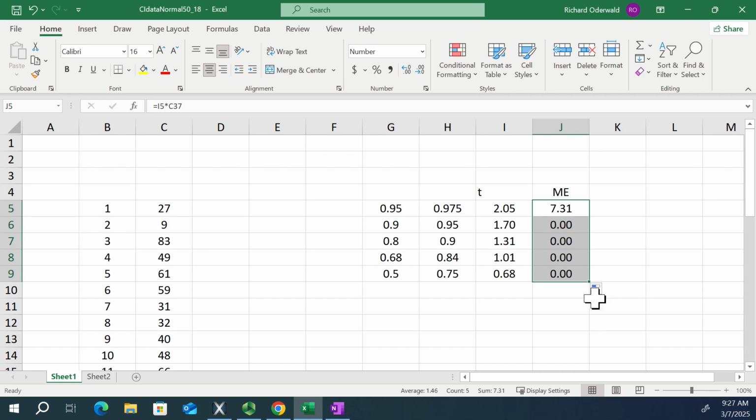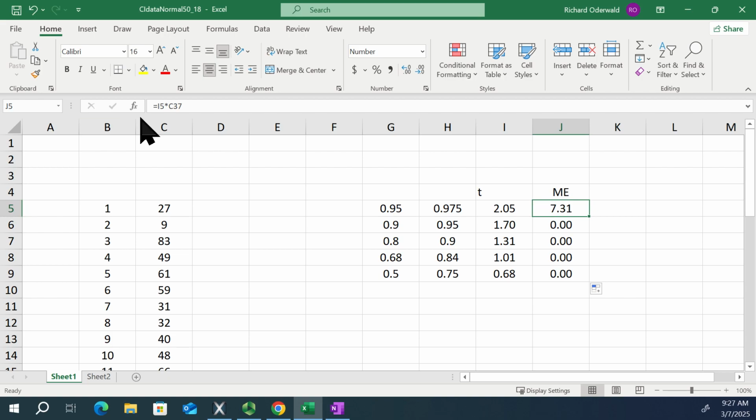No. In this formula, this reference to the cell is C38. The cell I was in for the standard error is C37. And I need to lock that cell so I can copy it without moving the reference.